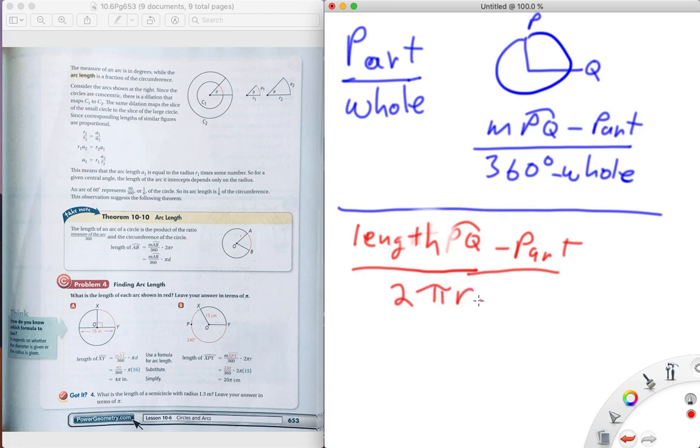They're the same, it's also the whole. The only difference is one is in degrees, 360 degrees, and one is the circumference, 2 pi r, or you can also say pi d. So what we're going to do is set these two proportions equal to each other.